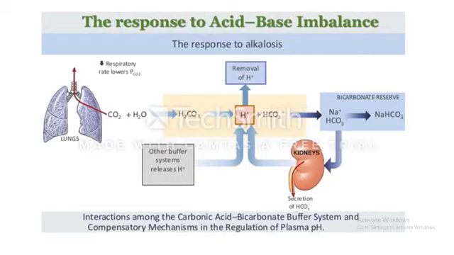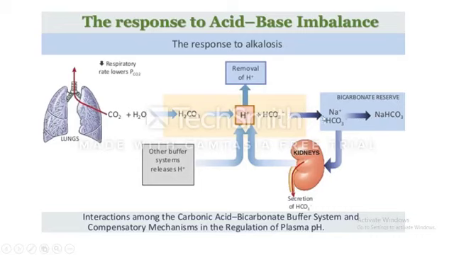Now the next is when alkalosis occurs, how does our body balance it? Here you see the same interaction between the carbonic acid and bicarbonate buffer system and the compensatory mechanism in regulation of blood plasma pH. If alkalosis occurs, we have more base in our body. So the kidneys remove bicarbonates, and bicarbonates also go to the bicarbonate reservoir as sodium bicarbonate.